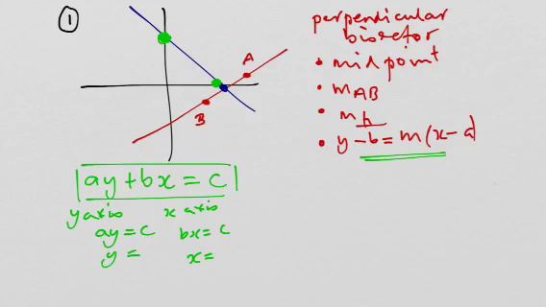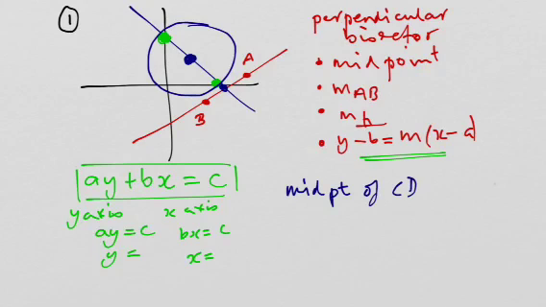Now once you've got those points, we're trying to find the equation of the circle which goes through those 2 points. So we're trying to find the equation of that circle there. So we need to find the midpoint of CD. This gives you the centre.